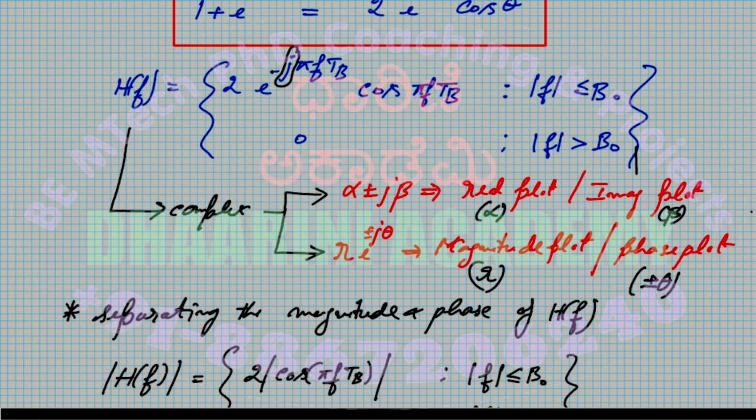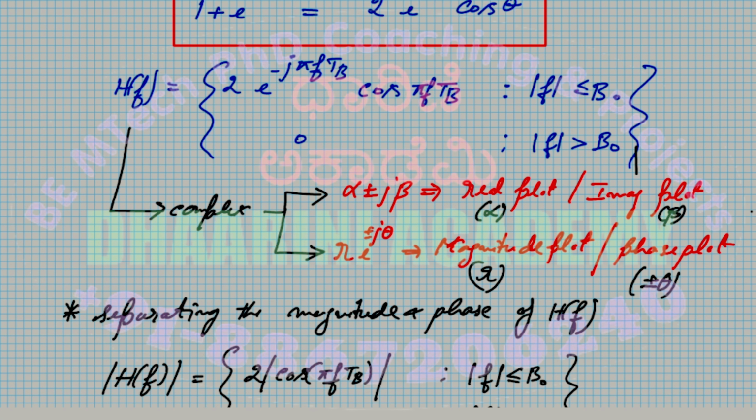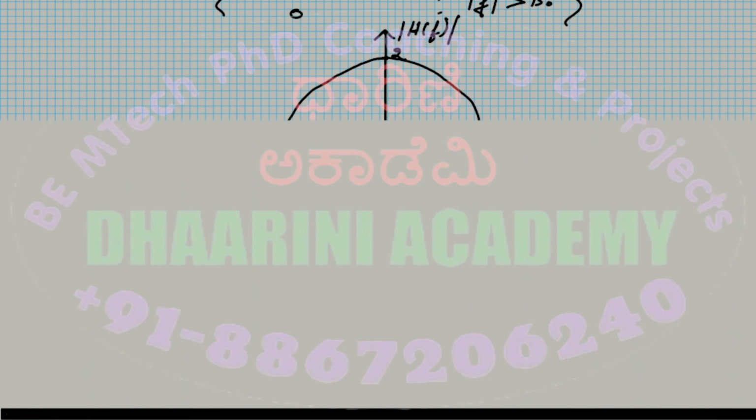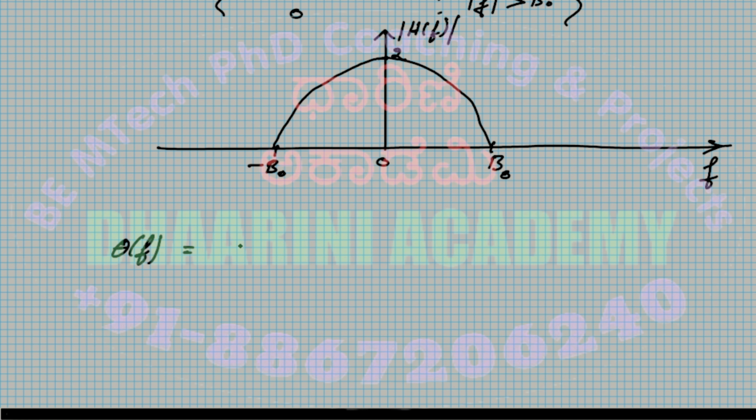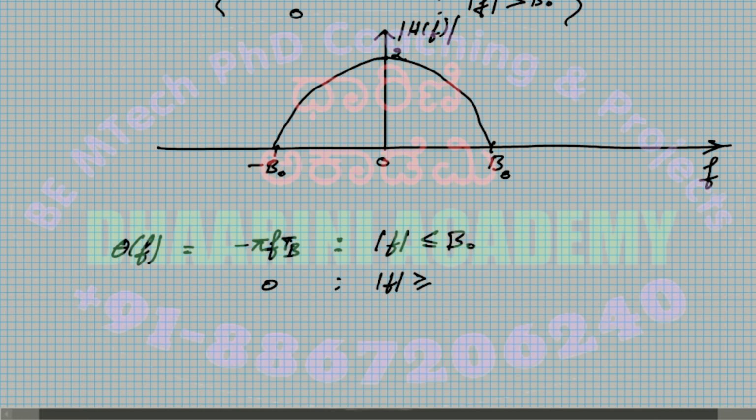So theta is equal to minus pi f tb. Whatever is there with j is the theta. So it is simply minus pi into f into tb. Again, the same conditions apply whenever the magnitude of f is lesser than or equal to b naught. This is equal to 0 when the magnitude of f is greater than b naught.